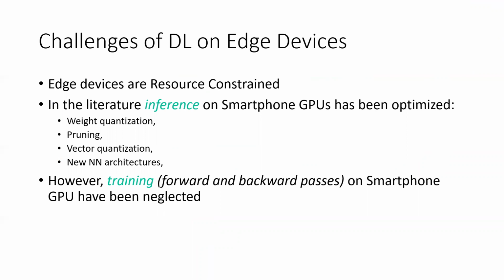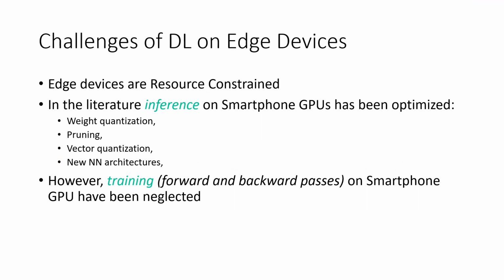One of the main challenges for deep learning on edge devices, as I've said, is the resource constraint. Inference using smartphone GPUs has reached the baseline for the CPU through many of the methods mentioned here, which are aimed at reducing the overall memory required or the overall computation required on the GPU.